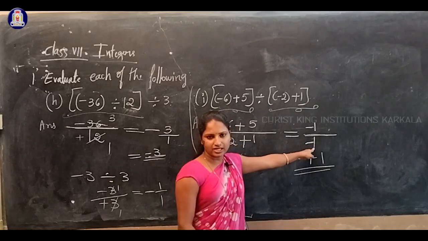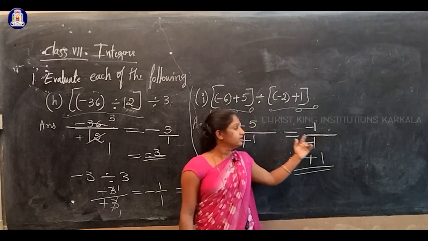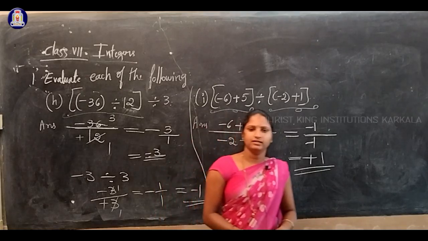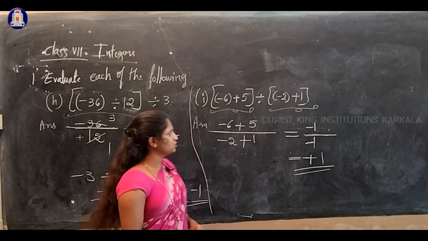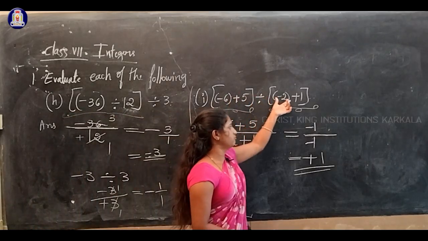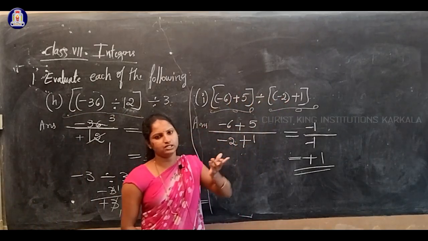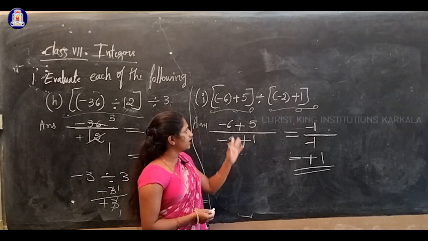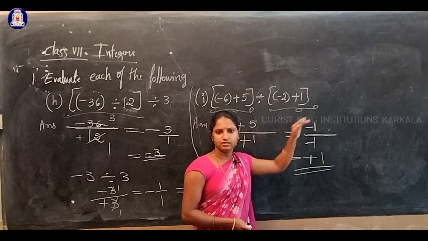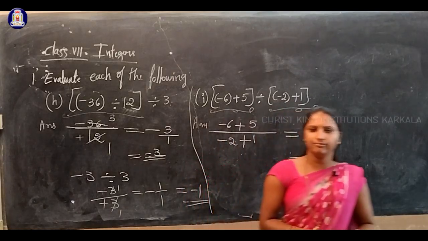So the answer is 1. Clear? Yes. So this is the solution for this question. Sometimes we'll get an integer in both numerator and denominator, then we can divide directly. But in this case, first you have to simplify, then you have to divide. Clear? Simplify, then divide. Okay? Yes. Thank you.